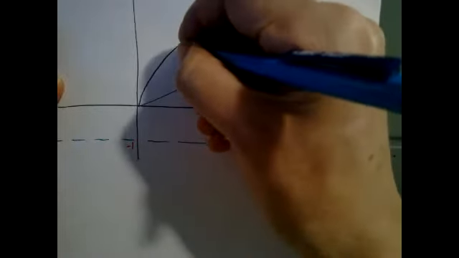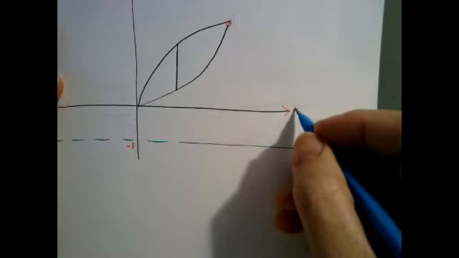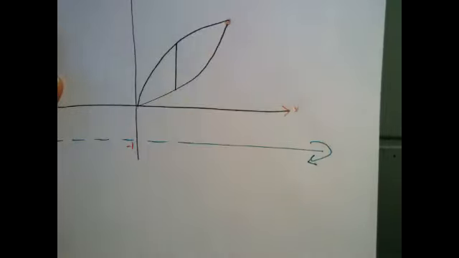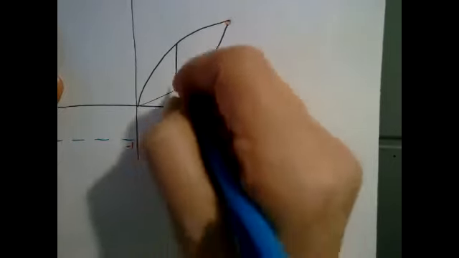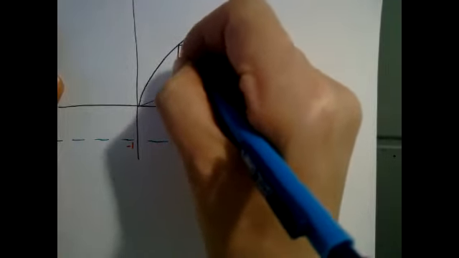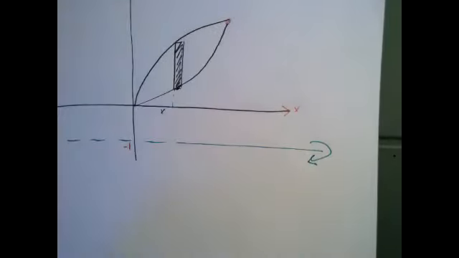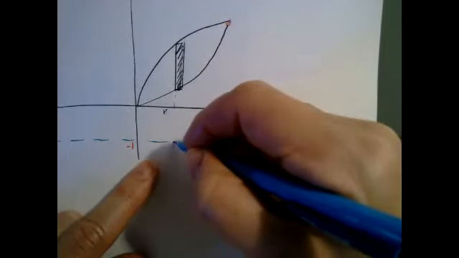Since I'm rotating around a line parallel to the x-axis, I'm going to take those vertical slices. So this is my x_i, and this is my slice. And this is the slice I'm going to rotate. Be careful. This is the axis of rotation. So I'm going to rotate.